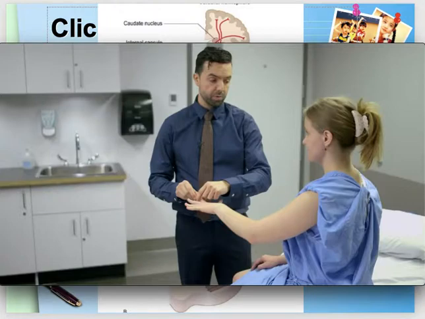The vibration sensation was recognized in the 16th century, but what he is checking right now is proprioception, which was discovered in the 19th century. Later on, someone found that vibration sense and proprioception are carried in the posterior columns.